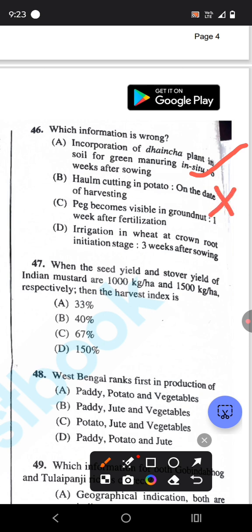Haulm cutting is basically done 10 days or 1 week before the harvesting. So the correct answer is option number B.